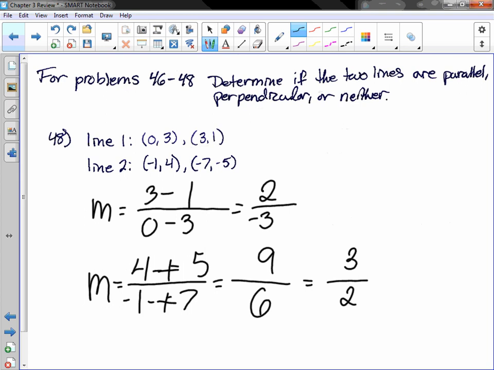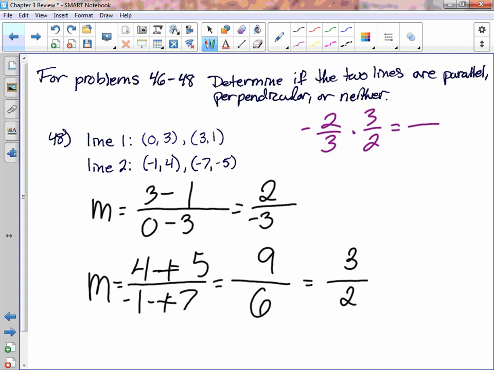So they are reciprocals, and for them to be perpendicular, they have to be opposite reciprocals. Are these opposite reciprocals? Now, another way we can check is we can take the product of it, multiply these two together. Well, -2 times 3 is -6. 3 times 2 is 6.